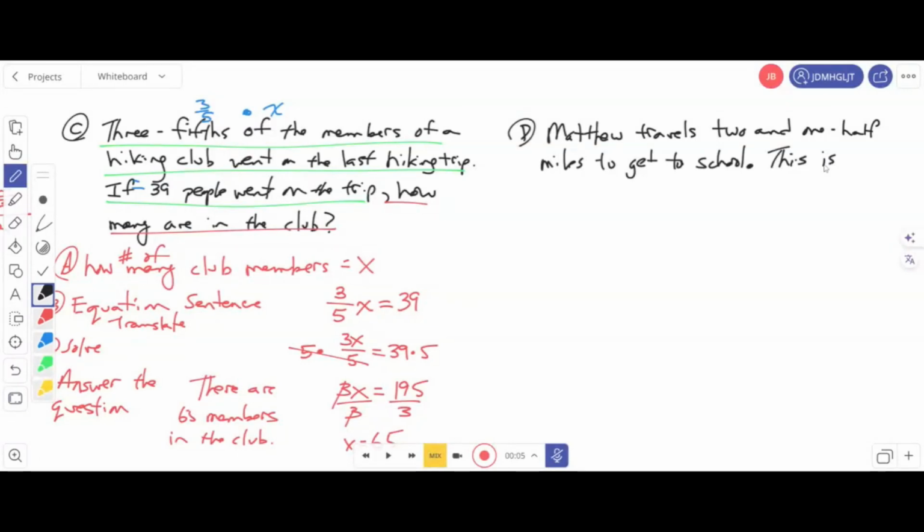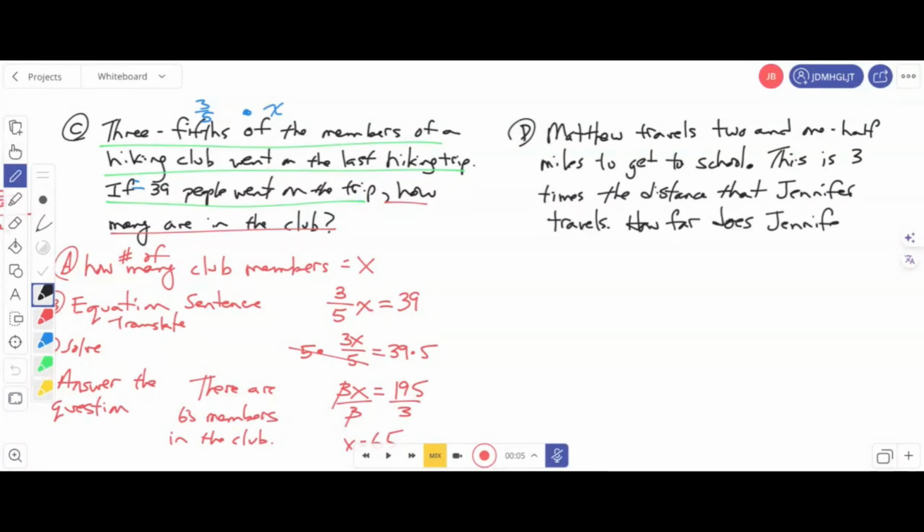This is 3 times the distance that Jennifer travels. How far does Jennifer travel?